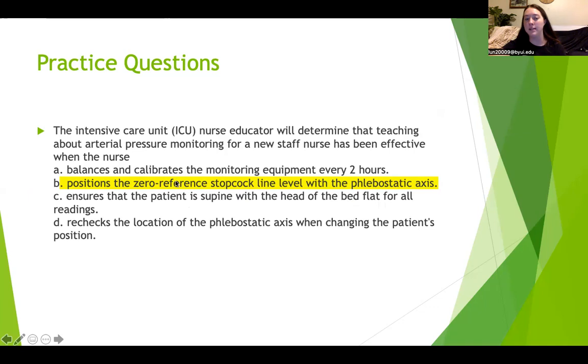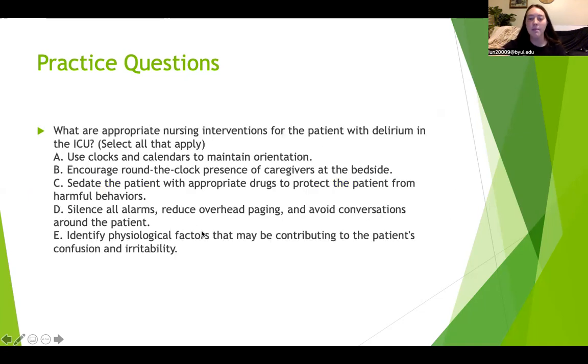You need to make sure that it's zero referenced and in line with the phlebostatic axis. But rechecks the location of the phlebostatic axis when changing the patient's position: well, like I just said, usually when changing position, the axis will stay the same. So, okay.